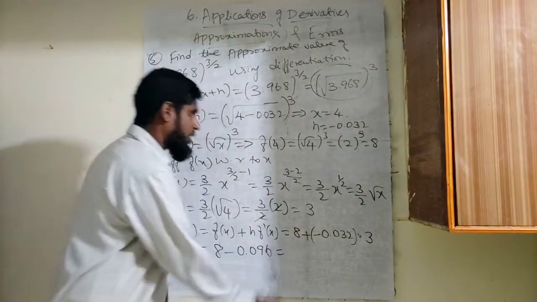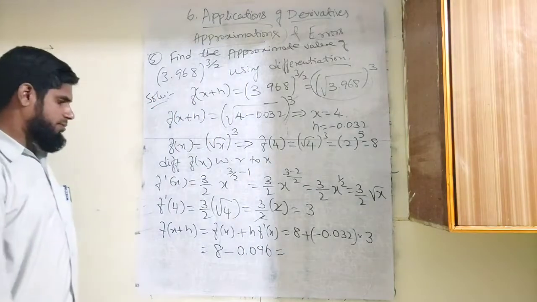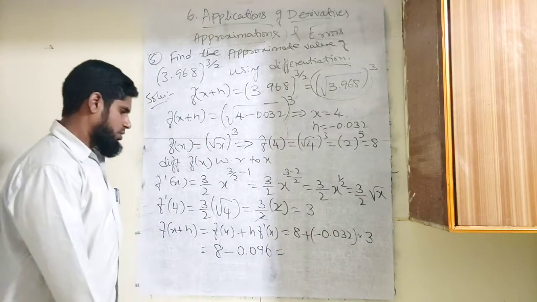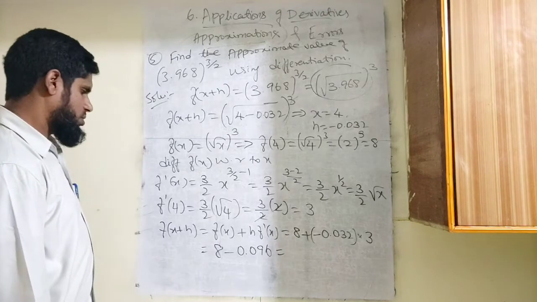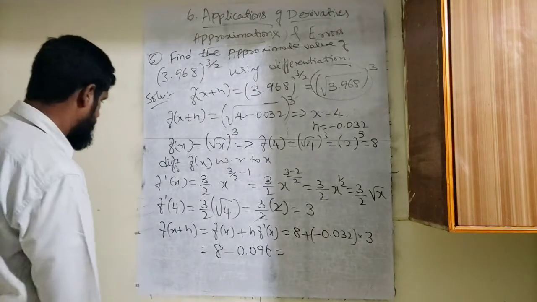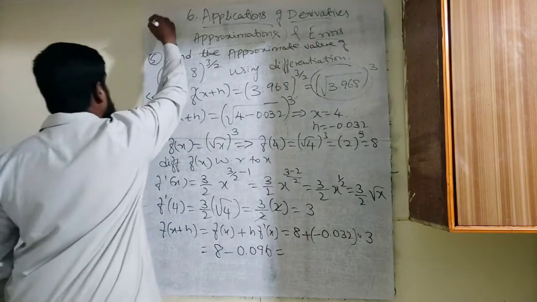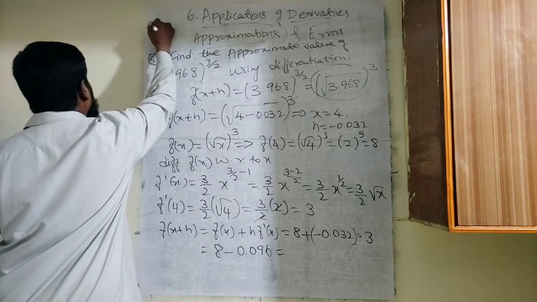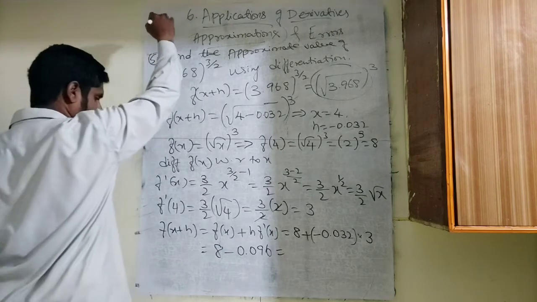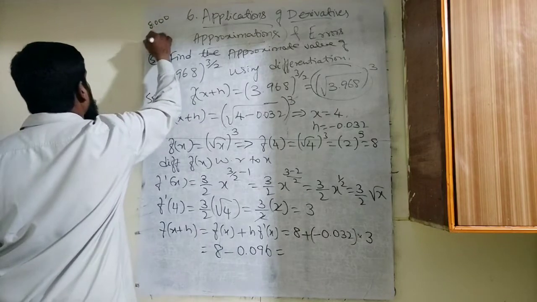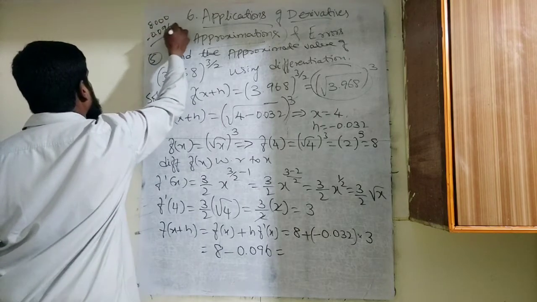So what is the final answer? 8 minus 0.096. I'll write it here: 8.000 minus 0.096.